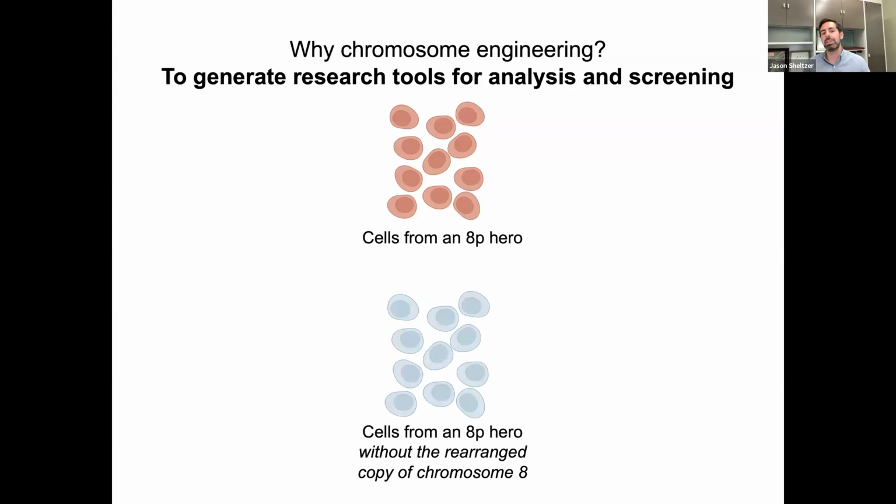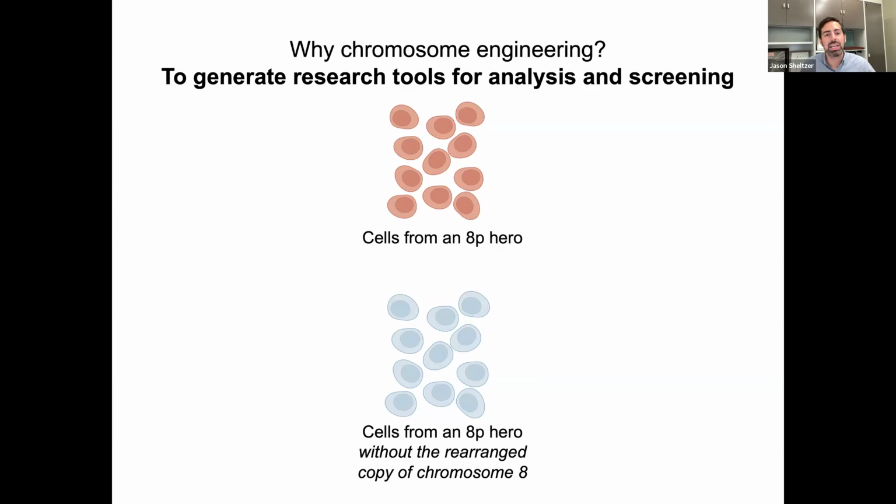And then if we could, say, wave a magic wand and eliminate the rearranged copy of chromosome 8 from the cells donated by that hero, then these cells would be genetically identical except for the rearranged copy of chromosome 8. And that gives us a system for studying these chromosomal rearrangements where the only difference is the presence or absence of the altered copy of chromosome 8.